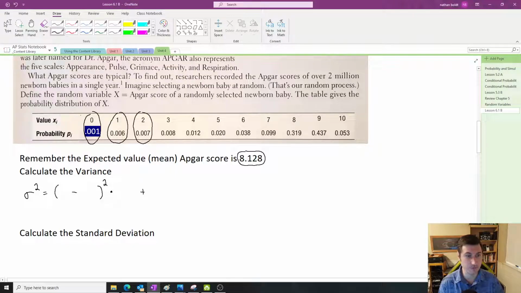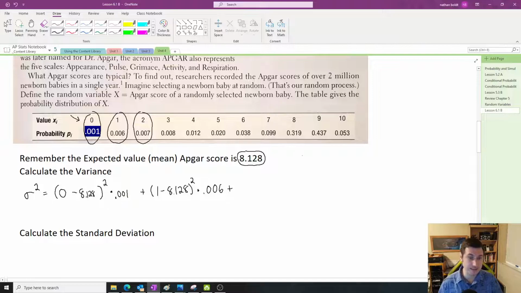So for the first one here, we're going to take a score of 0, subtract the average from it, 8.128, square it, multiply by its probability, which is 0.001. Then we do the next for the next value. All right, so now we're going to take an APGAR score of 1, subtract the average, square it to get rid of negatives, multiply by the probability of this one, which is 0.006.